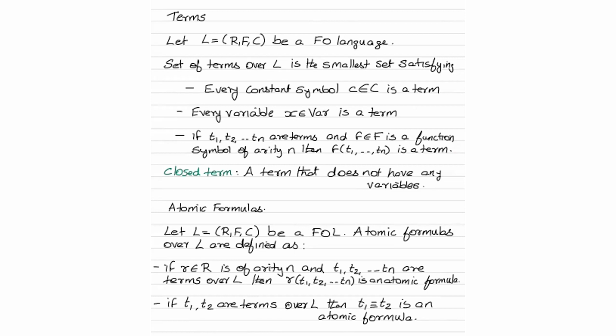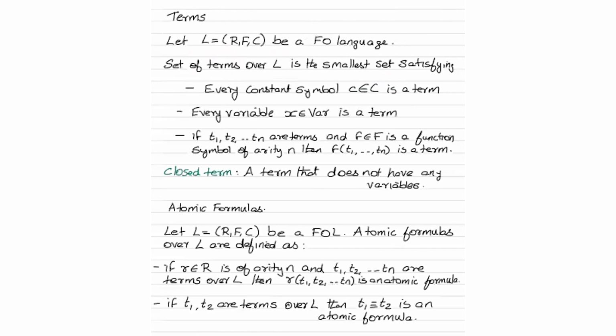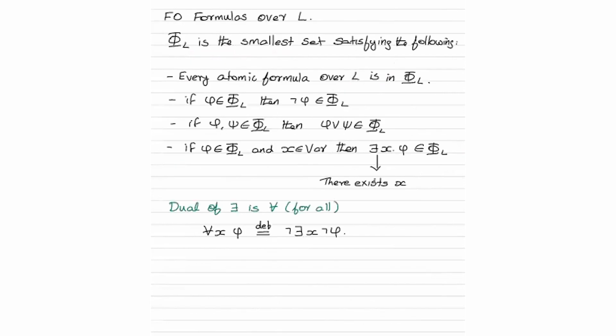Okay. Once you have this notion of terms and atomic formulas, then it's easy to define what formulas are. Let's go back to this recipe. You have atomic formulas, and then you have these logical connectives. That's it. So what are formulas over the logic? Every atomic formula is a well-formed formula.